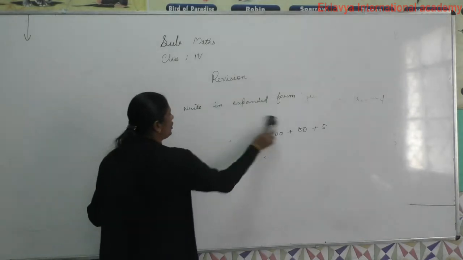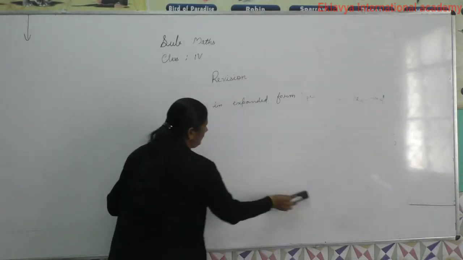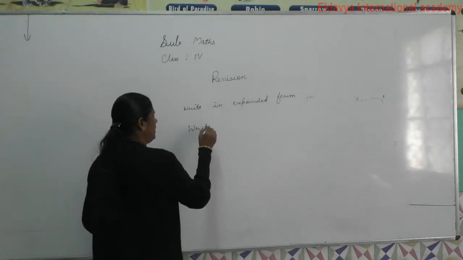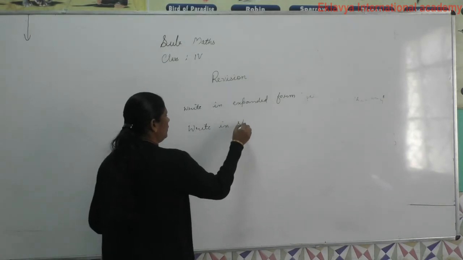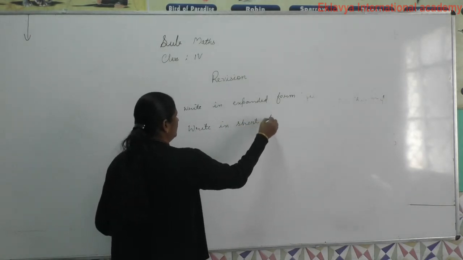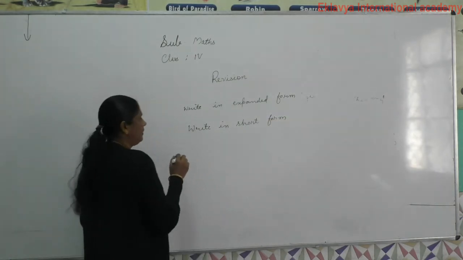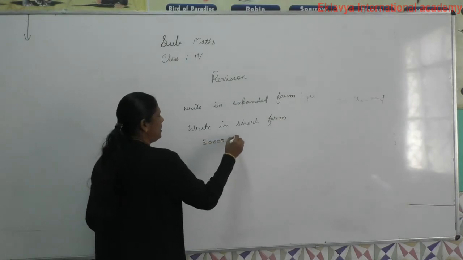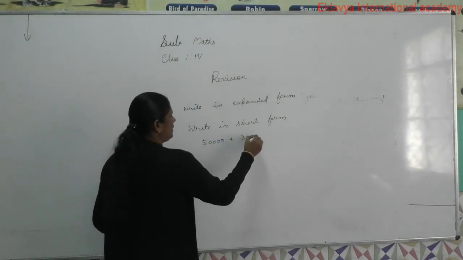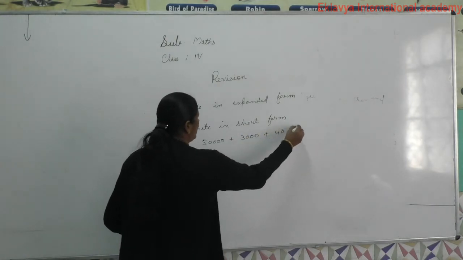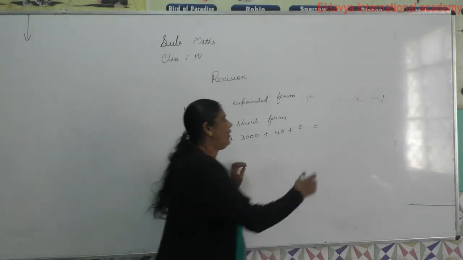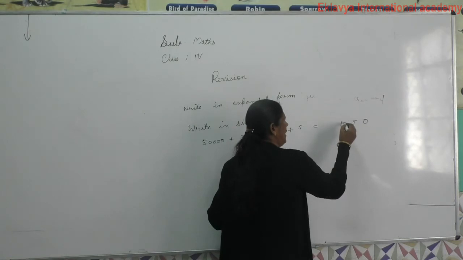Then write in short form. Here you write 50,000 plus 3,000 plus 40 plus 5. First you write ones, tens, 100, 1,000, 10,000.